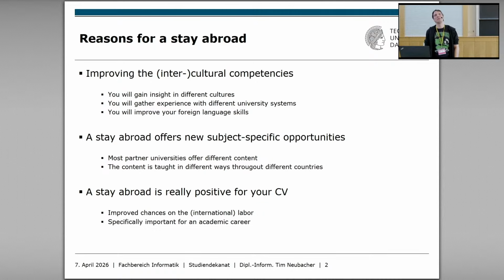The question is about the transfer of credits. How to decide whether it will be transferred or not? The person advising you before you stay abroad is the person finally deciding which credits are to be transferred.